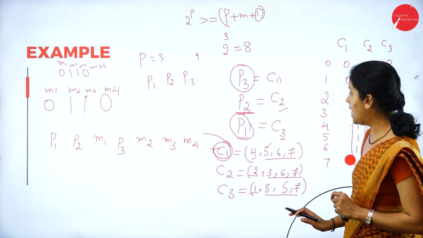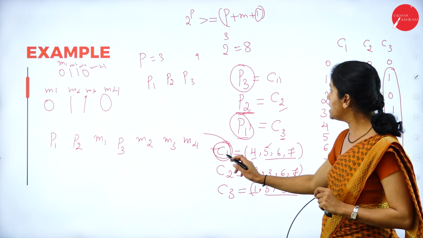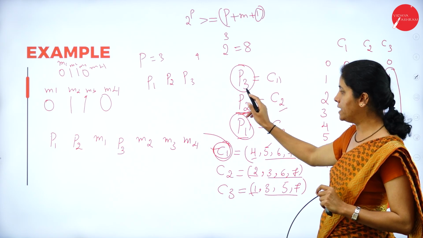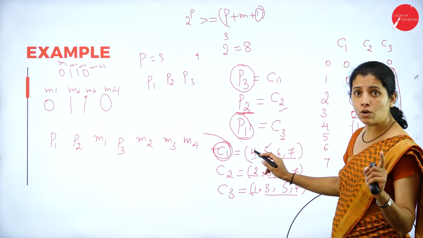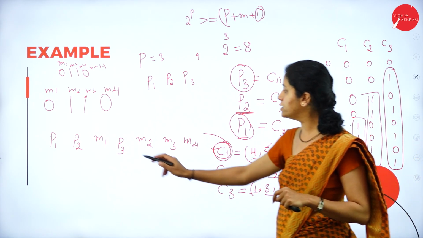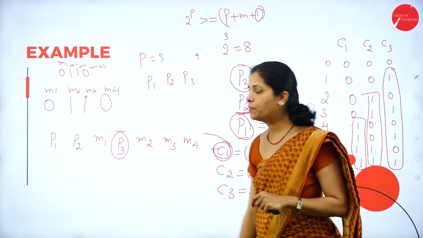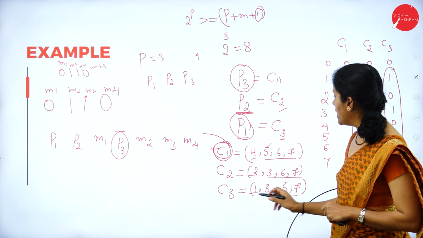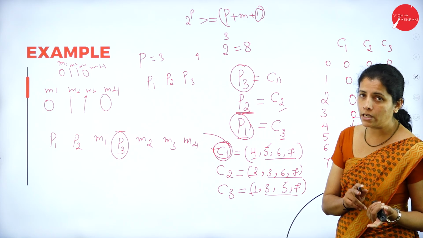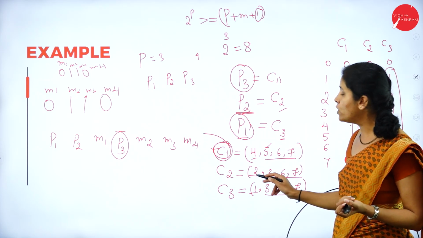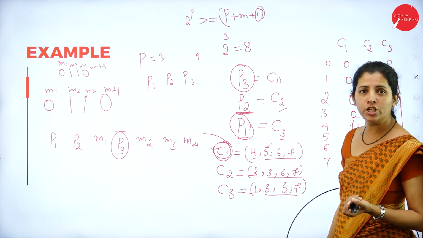Okay, fine. Now, C1 is nothing but P3. So, where do I have P3? In the place of the fourth digit. Okay, I have P3. And if I consider C2, C2 is nothing but parity bit 2. And where do I want to place it? At position 2.